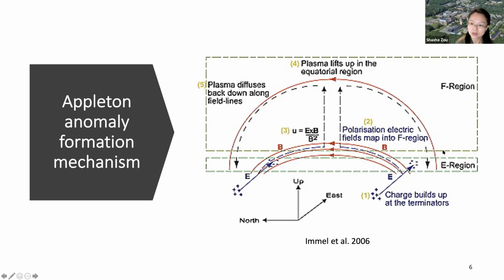See this circulation here. So this is the formation mechanism of the equatorial ionization anomaly. We are accumulating plasmas in the off-equatorial region. So this is what people also call the fountain effect.